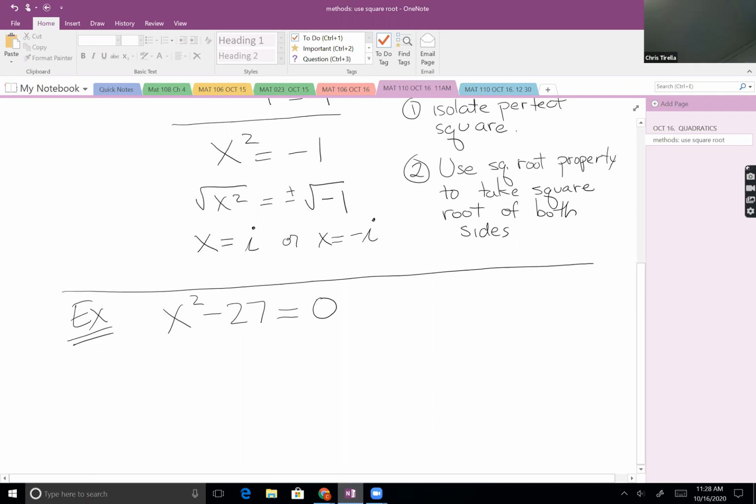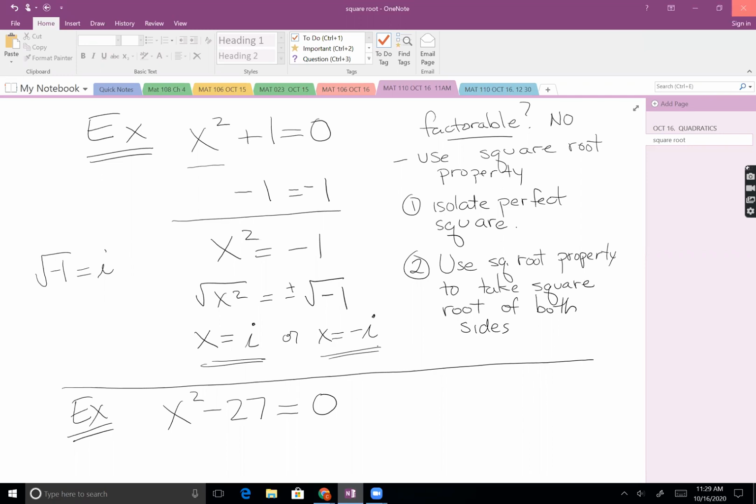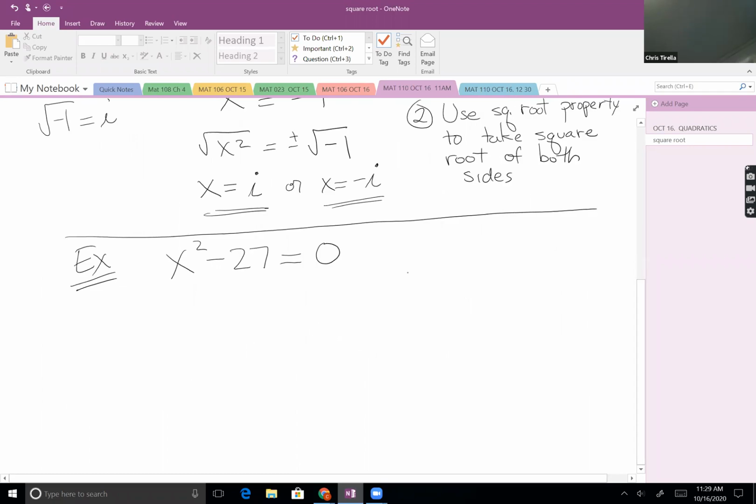You can have a positive i. i is always the square root of a negative number. Oh, okay. That is the square root of -1 equals i. And so my two solutions are i, and then I have to have that second negative possibility, negative i. Okay.